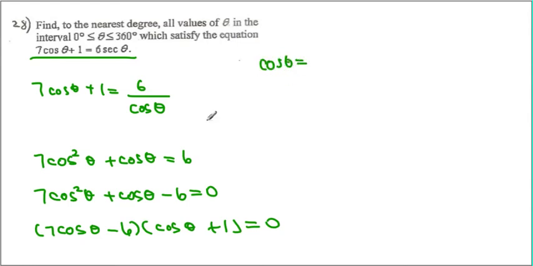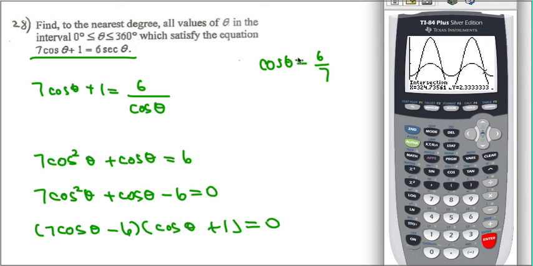Then here we have cosine theta equal to 6 over 7. That's one such case. The other case is cosine theta has to be equal to negative 1. This is rather easy because cosine of pi, or rather 180 degrees, will get us the answer. How about here? To find the angle, what we're going to be doing is second cosine of 6 divided by 7.